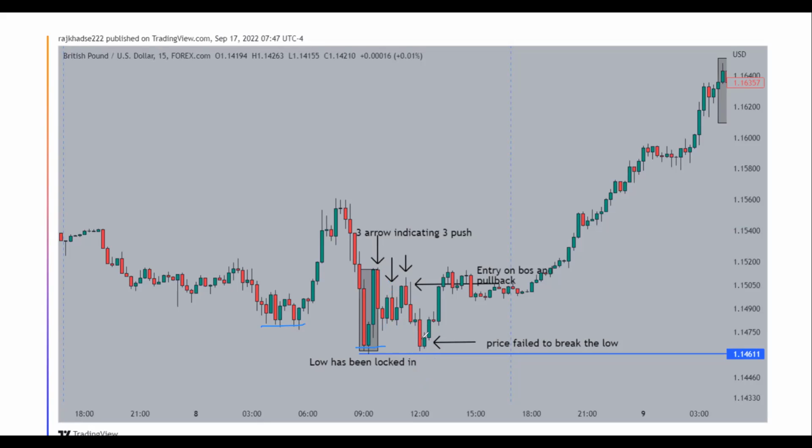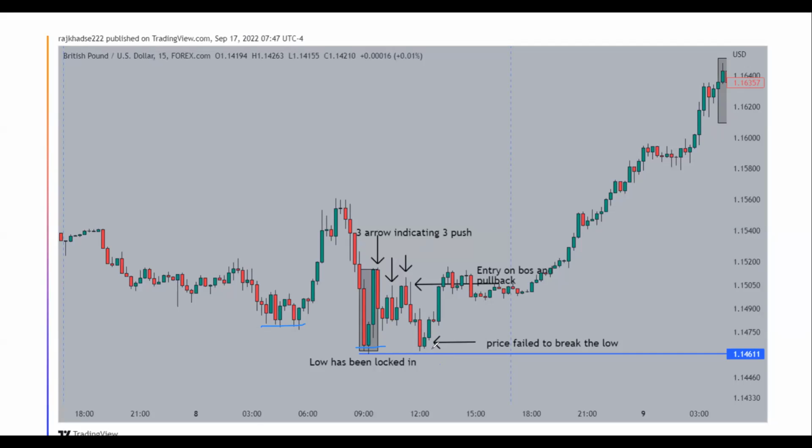That three pushes have been done, and our low is already in place. If the market is going to move to the downside, it will break that level within the three pushes. It will never wait for three pushes and then at the fourth push go downside. It will only work in the three pushes and then it will reverse.